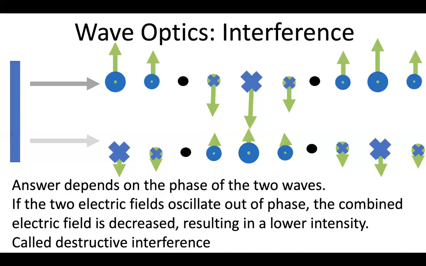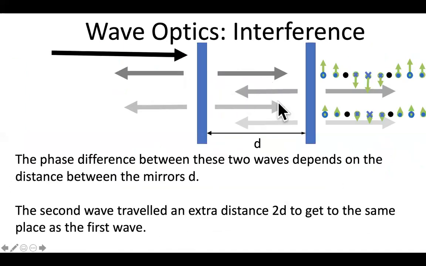Well, the answer to that depends on how far the second light ray, how far this second wave had to travel. Remember, this wave is from the light that just went straight through. But this wave came from a signal that bounced off this mirror, went off here, and went here.